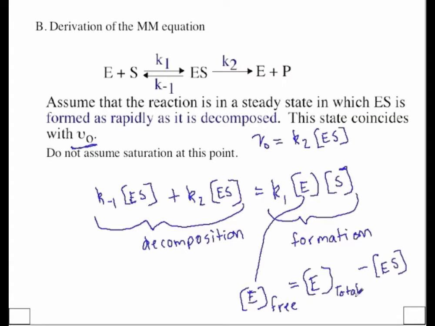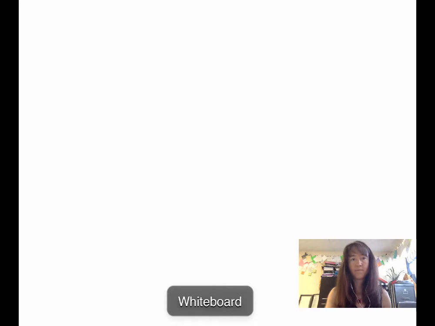Nice. So the reason for wanting to plug in this expression into this spot is so that we can start to get like terms. So we're eventually going to be solving for enzyme substrate, and so this will enable us to eventually get there.